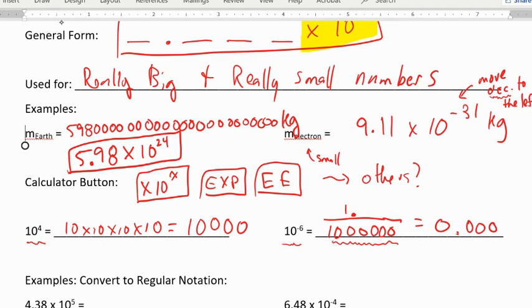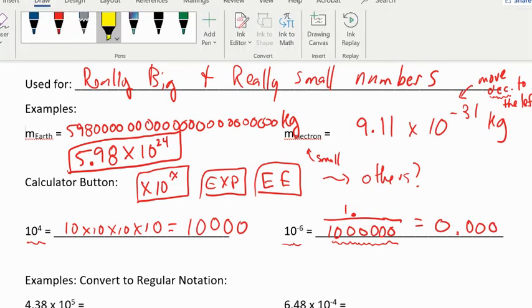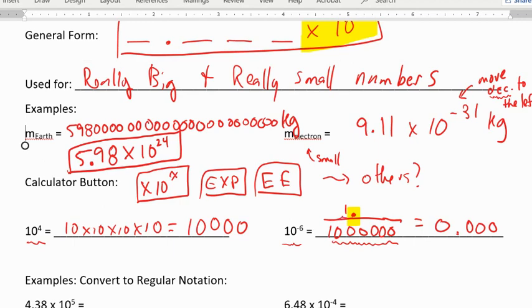So if you imagine moving that decimal place from here to the left 6 times, 1, 2, 3, 4, 5, you're moving it over to the left 6 times. You're going to end up with a number that looks like so.